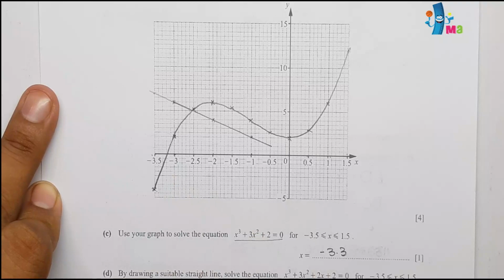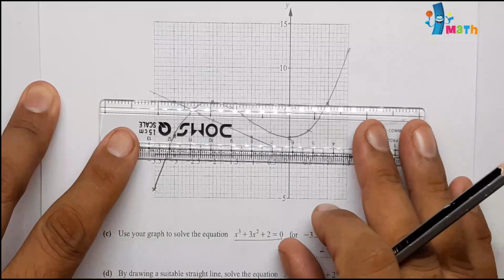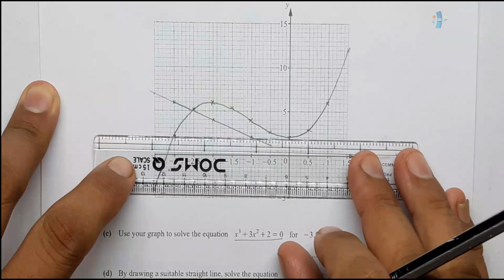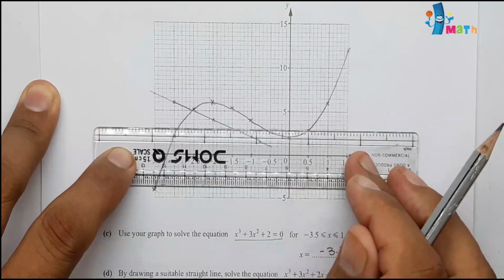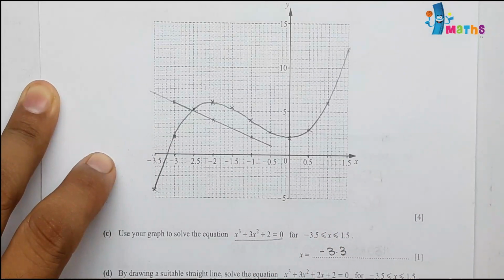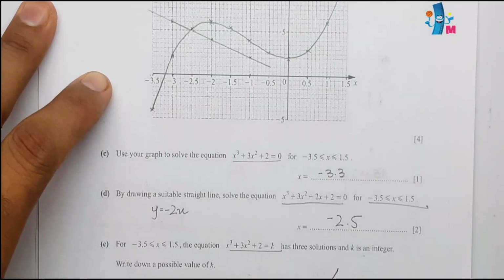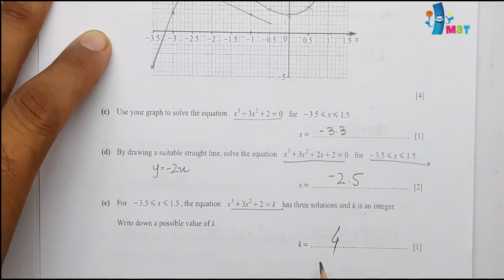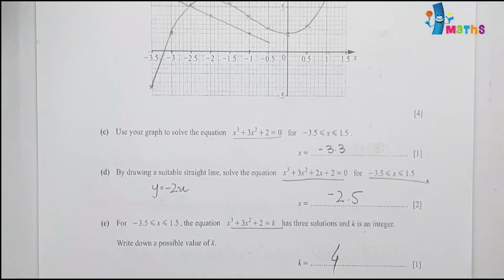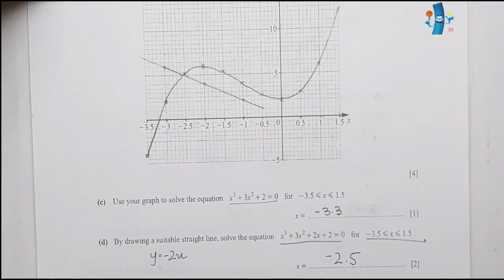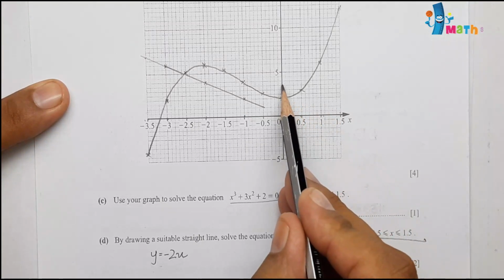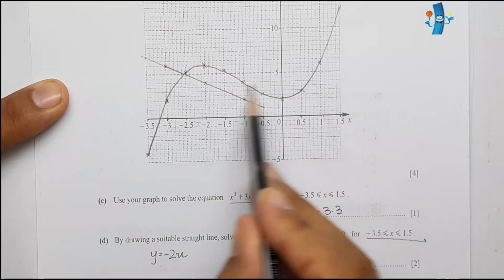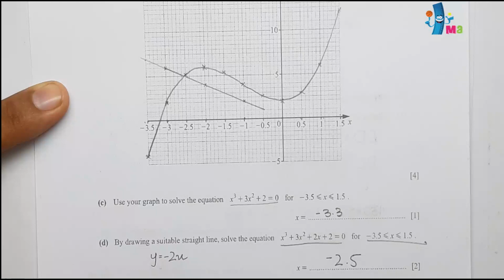So in between these 2 points, the y value will be having 3 solutions. So y is equal to 4 will be giving us 3 solutions. If you check from here, y is equal to 4 will be over here. This will be having 3 solutions.